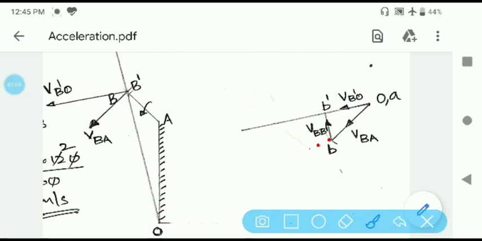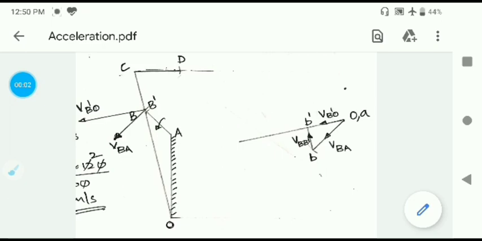Then you have the vector O B prime, which will give you the velocity of B prime with respect to O, and then you have line A B, which indicates the velocity of B relative to A. So this velocity diagram actually represents all the three motions of point B.